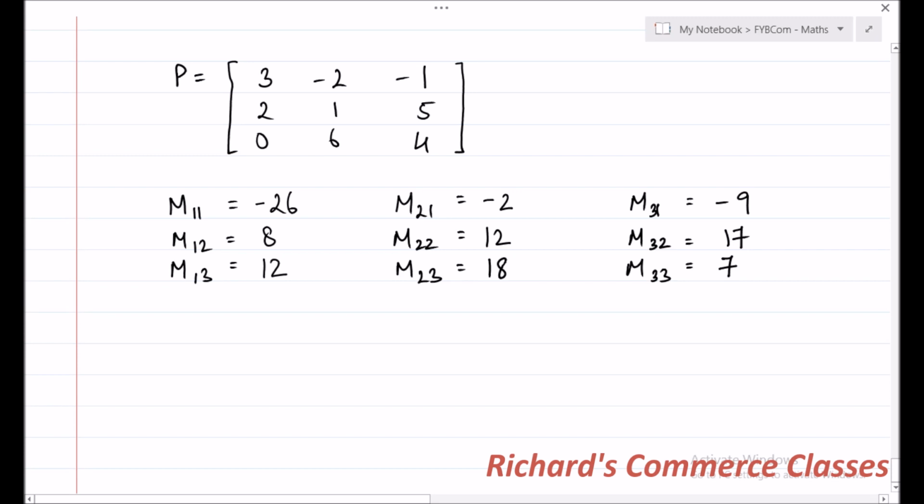I have completed calculating the minors. I will now draw the matrix of minors.